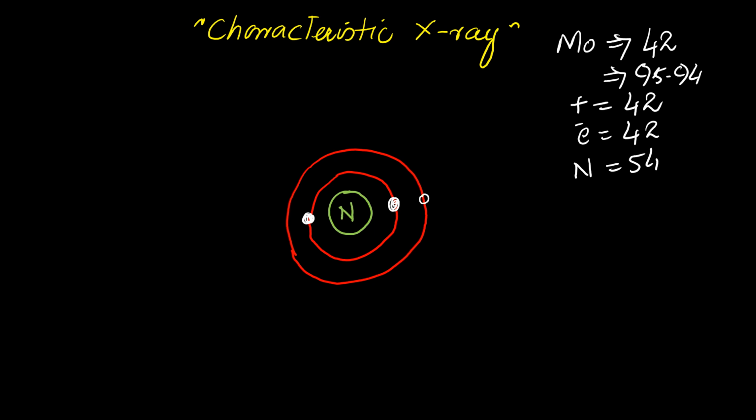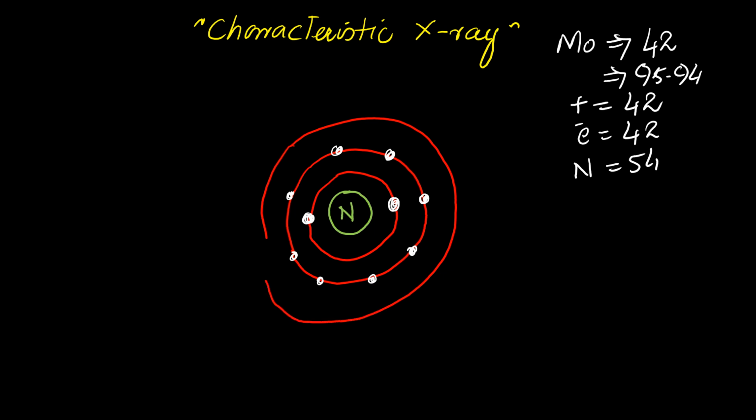So it has 8 electrons: 2, 3, 4, 5, 6, 7, and 8. The third energy level around a molybdenum atom is known as the M shell, and this M shell has 18 electrons. This is the M shell, K, L, M, and it has 18 electrons.